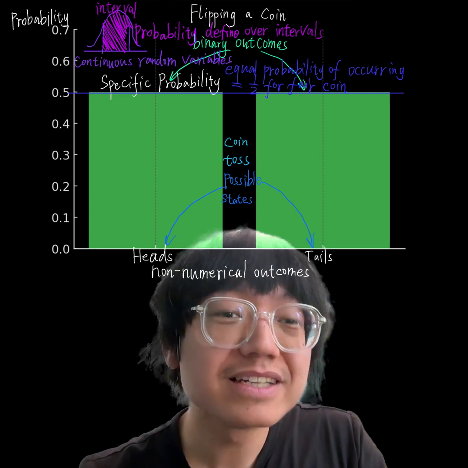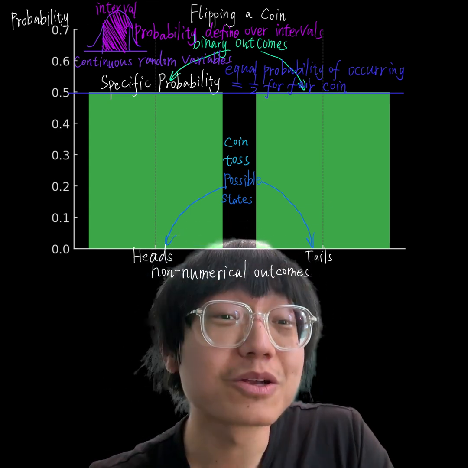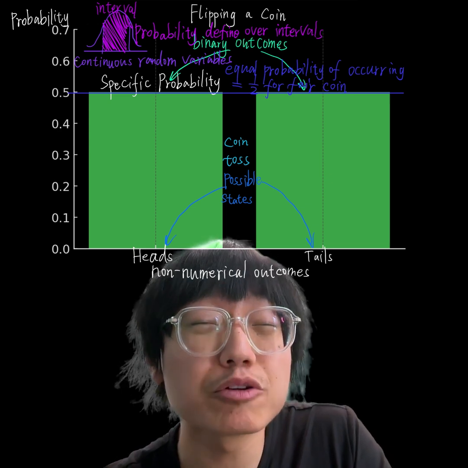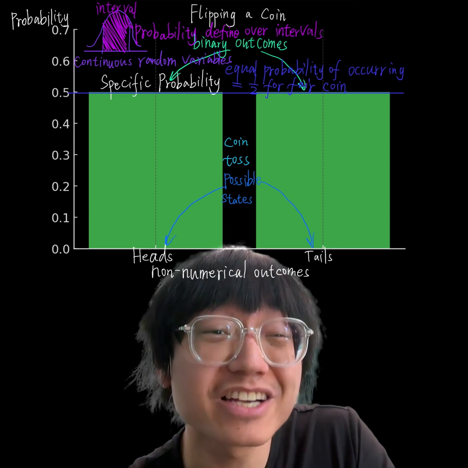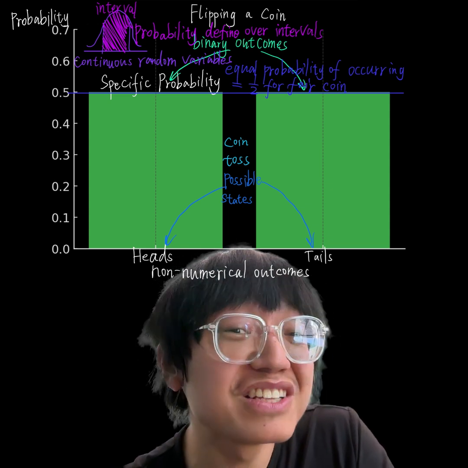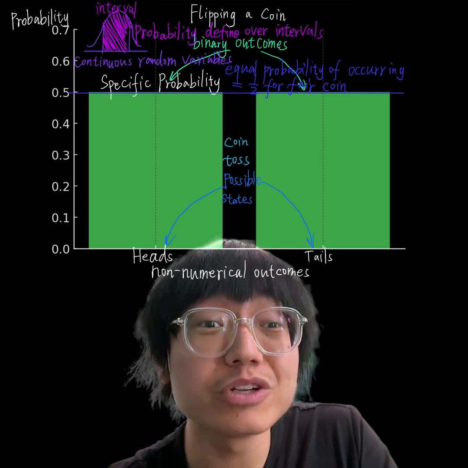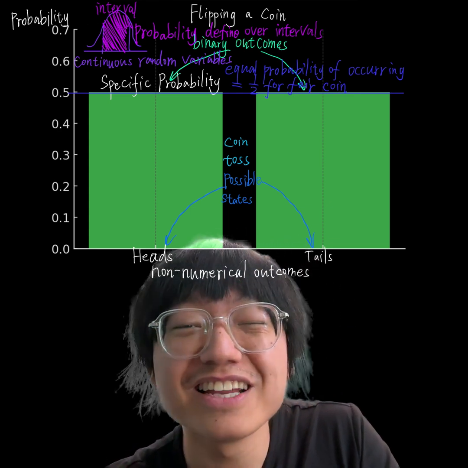In this case, the outcomes are categorical rather than numerical values. The coin toss is a classical example of a binary outcome with equal probabilities, which is ideal for introducing basic probability concepts. The discrete nature of this random variable is emphasized by the fact that there are only two possible outcomes, each of them distinctly defined and countable.